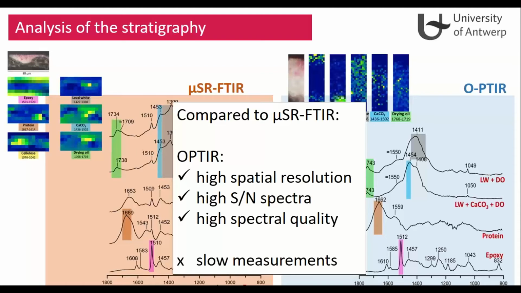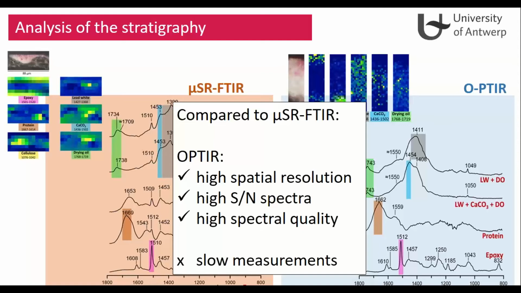So as a conclusion from here, we could say that O-PTIR, compared to synchrotron FTIR, provides a high spectral resolution, a high signal-to-noise ratio, and high spectral quality. And it's true the only weak point we could find was regarding the length of the measurements, because since O-PTIR has a high resolution, each area has more points to be analyzed.